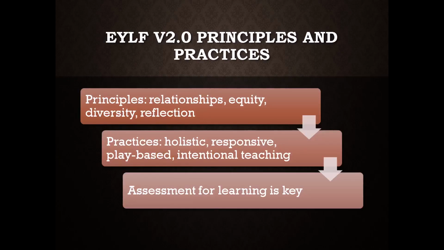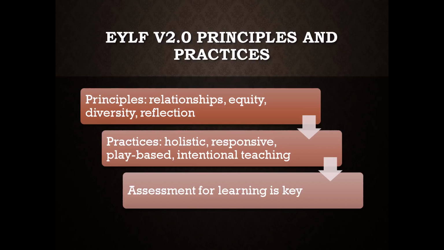The next slide is Early Years Learning Framework V2.0 Principles and Practices. The framework includes eight practices and five guiding principles. The principles emphasize the importance of relationships, family partnerships, equity, diversity, and reflective practice.